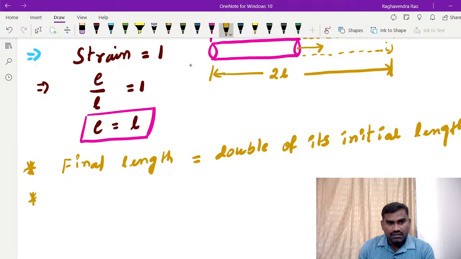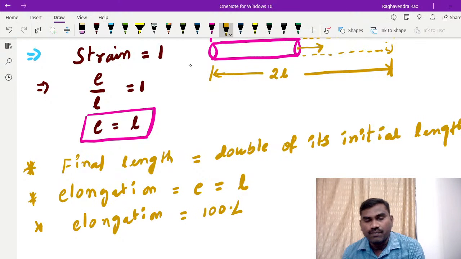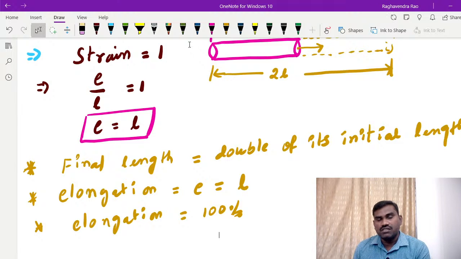And elongation produced in the wire is equal to the original length. That means elongation is equal to 100%. So these are the key points you need to get from this. Y is equal to stress.